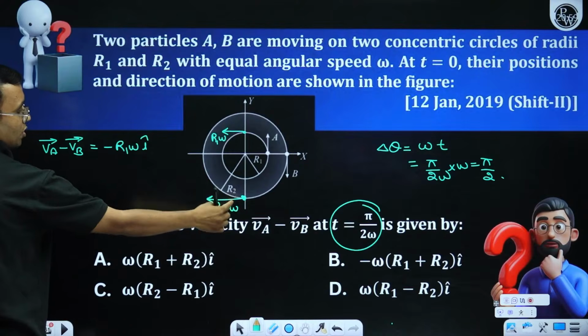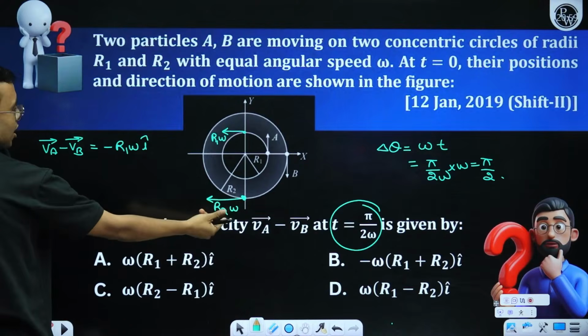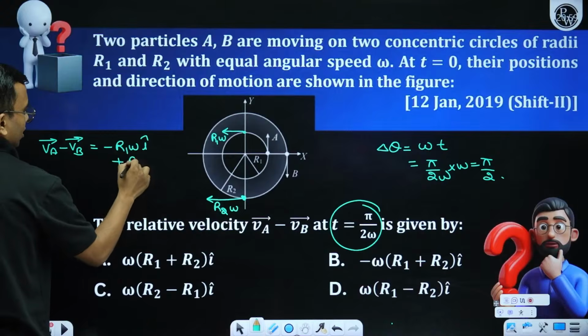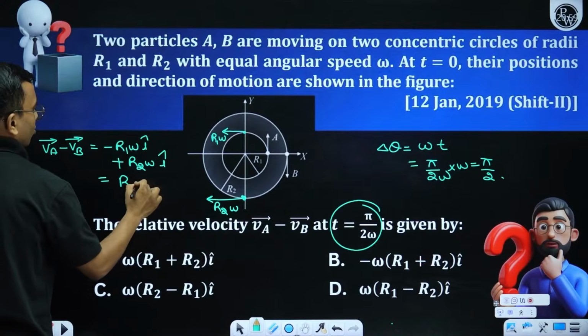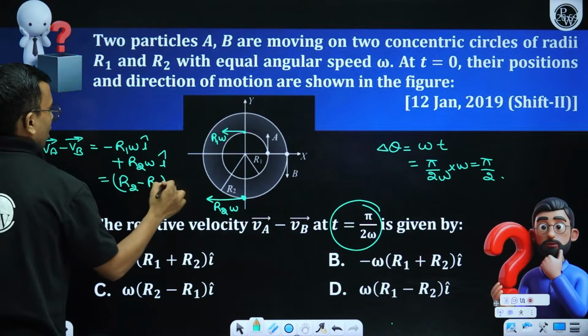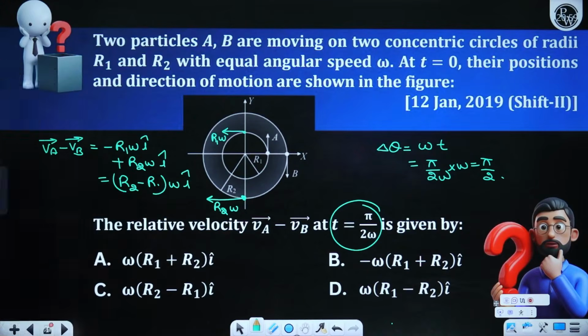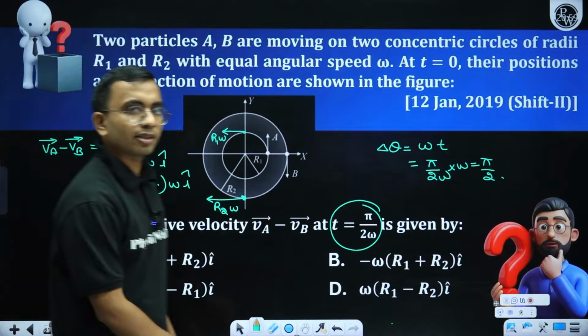Velocity of B is minus R2 omega i cap. So plus R2 omega i cap. So this is (R2 minus R1) omega i cap. That is option C.